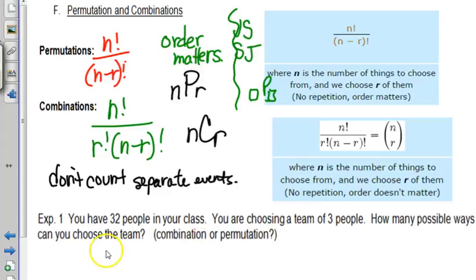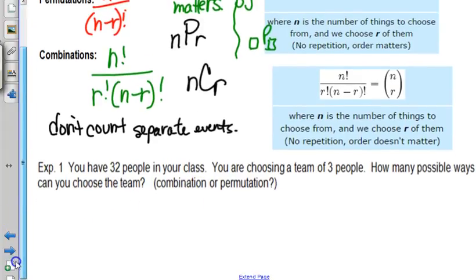But all right, so our example is 32 people in your class. You're choosing a team of 3 people. Do you want ABC, CBA, and BCA to count differently? Is that 3 different teams? No, so order doesn't matter. Okay, if you don't want them to count differently, order doesn't matter.